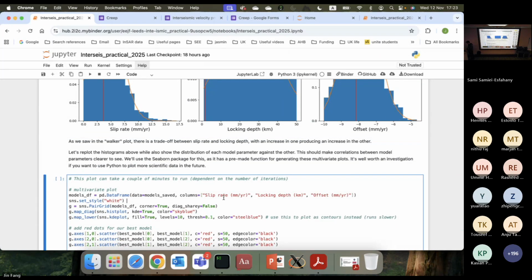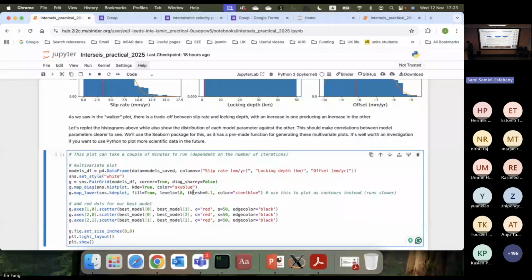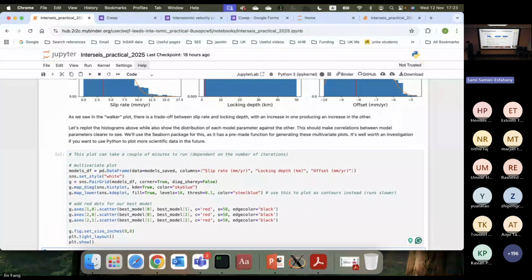So let's plot. We can also show the distribution of each model parameter against each other, so we can see the correlation or trade-off between each model parameter.